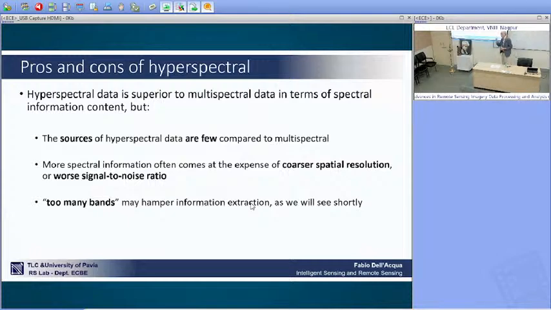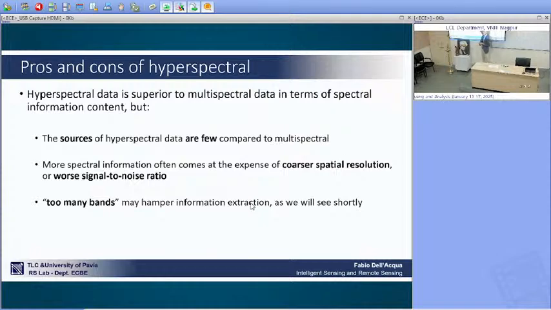If you want to have denser spectral resolution, you generally have to pay in terms of coarser spatial resolution. There's a technical reason for that. Or worse signal-to-noise ratio, i.e. greater noise, greater disturbances. So the measurement that you're doing is less accurate than for multispectral. And you have all these three problems combined.